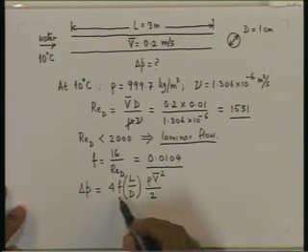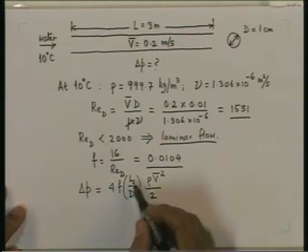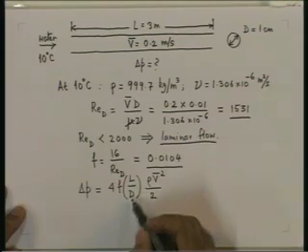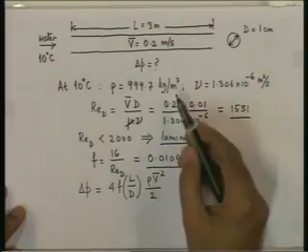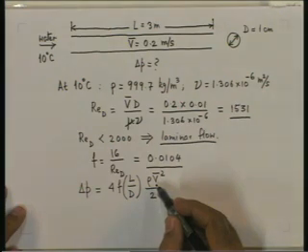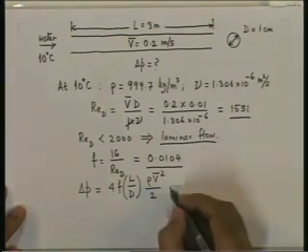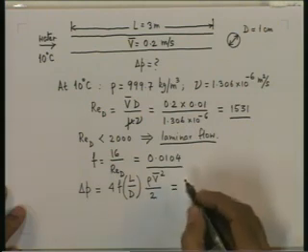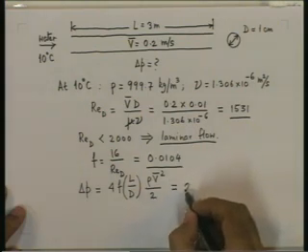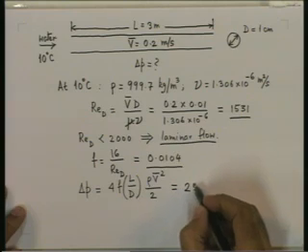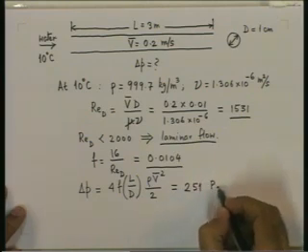We have calculated the friction factor. We know the length 3 meters, diameter 1 centimeter, density has been read off, V bar is 0.2 meters per second. If you substitute these numbers, you will get the answer to be 251 Pascal.